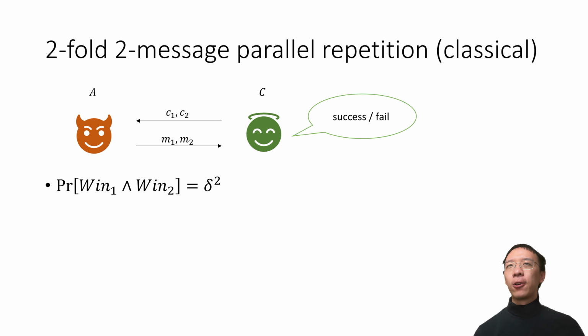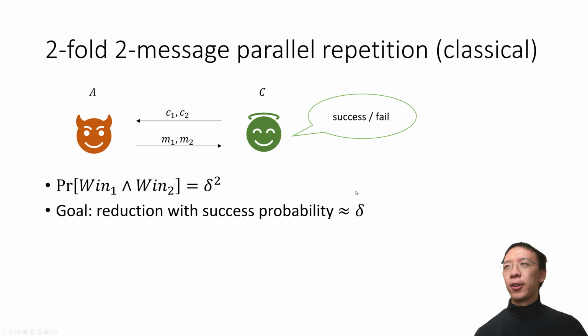Assume for contradiction that there is a good adversary that performs pretty well. Let's say its success probability is delta squared. Using this notation, we say that the probability that the adversary wins fold 1 and simultaneously wins fold 2 is delta squared.